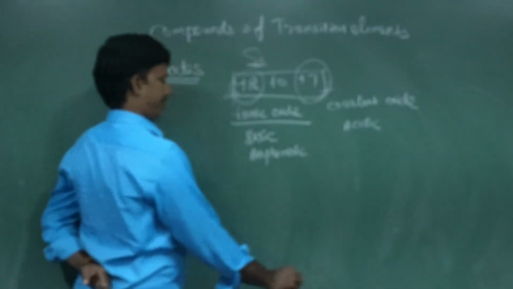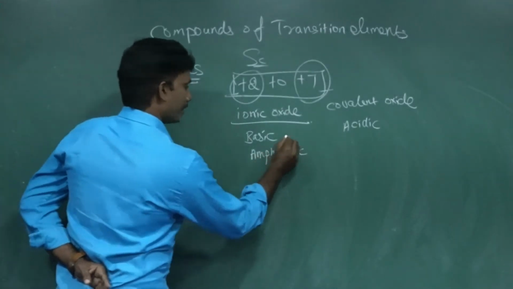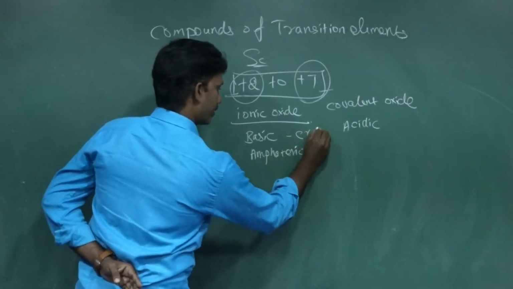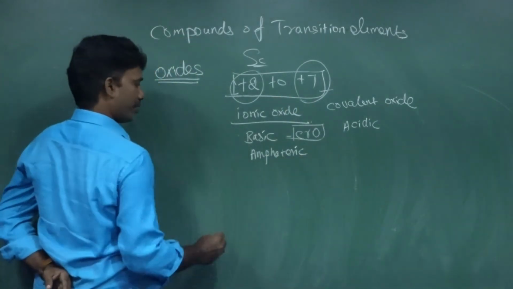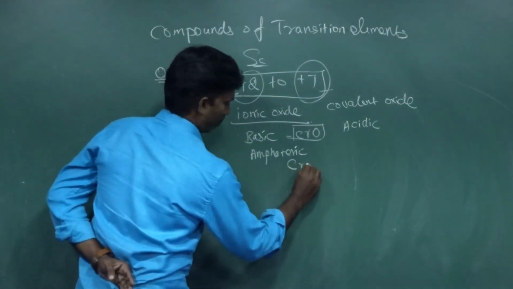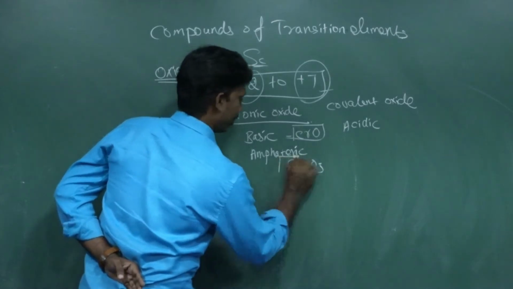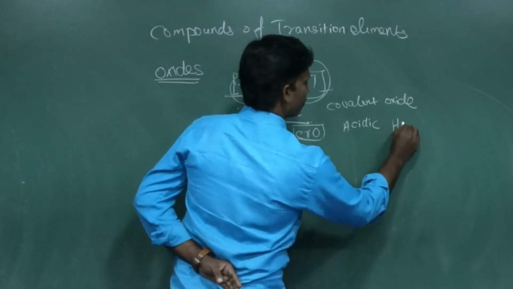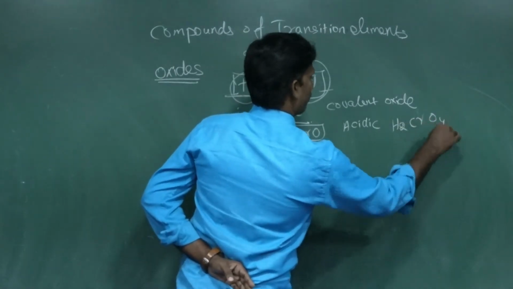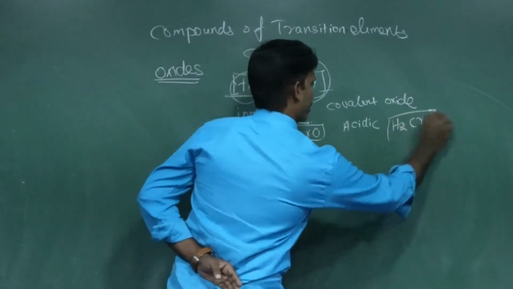For example, CrO, a lower oxidation state oxide, chromium oxide, is basic in nature, whereas Cr2O3, chromium trioxide, is amphoteric in nature. Here we can write H2CrO4, which is acidic in nature.